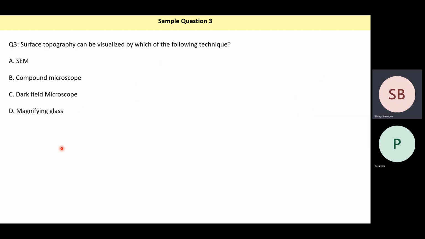The next question is: surface topography can be visualized by which of the following techniques?